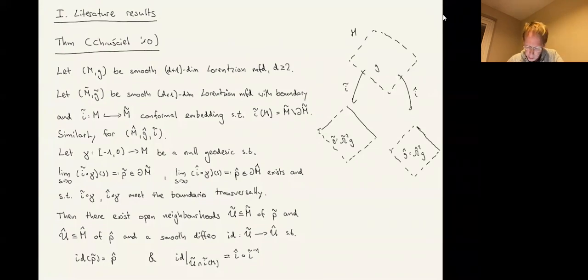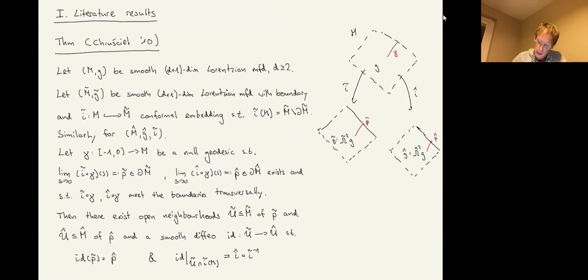Now we have an anchoring curve, this is what I would call it. We have a null geodesic gamma in the original spacetime such that the curve gamma in the conformal boundary extensions also has a limit point, here p tilde and here p hat. And we also assume that the null geodesic in the conformal boundary extension meets the boundary transversally.